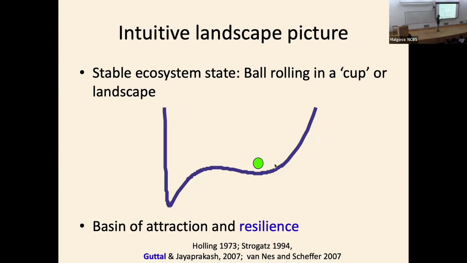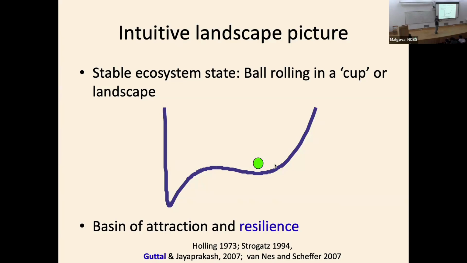And there was a very classic paper by Holling in one of the ecology journals in 1973 saying that this basin of attraction is a good measure of ecological resilience. But however, the challenge is, how on earth will I know what this basin of attraction is?